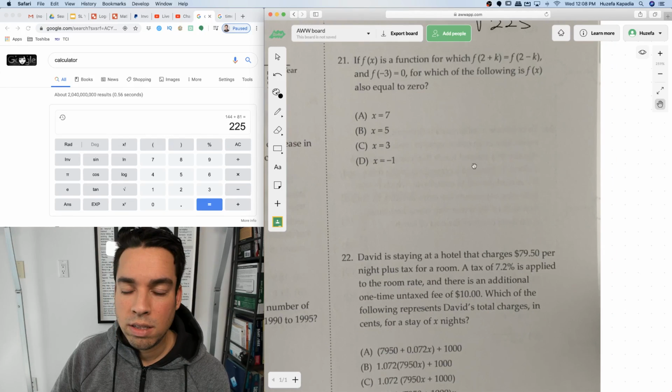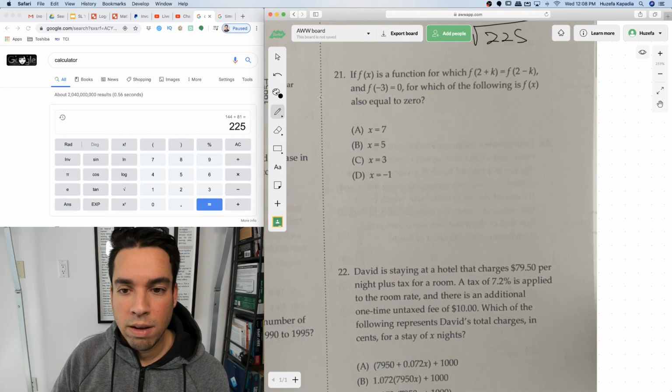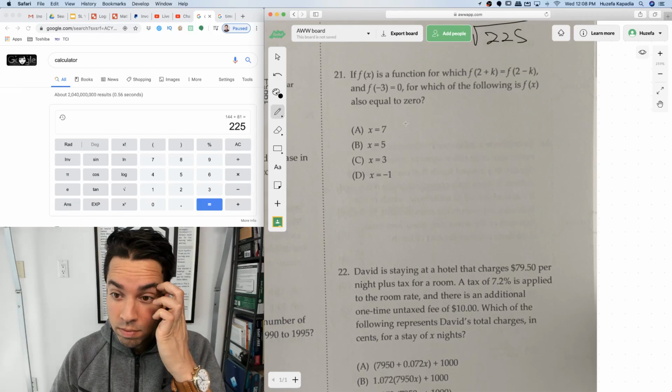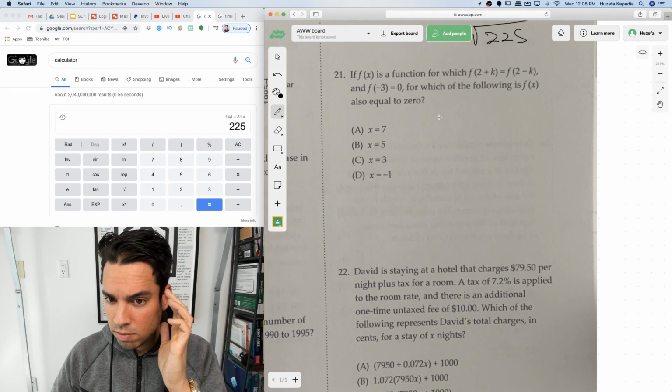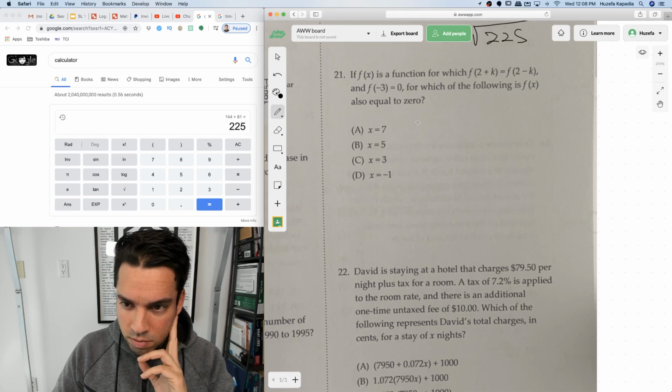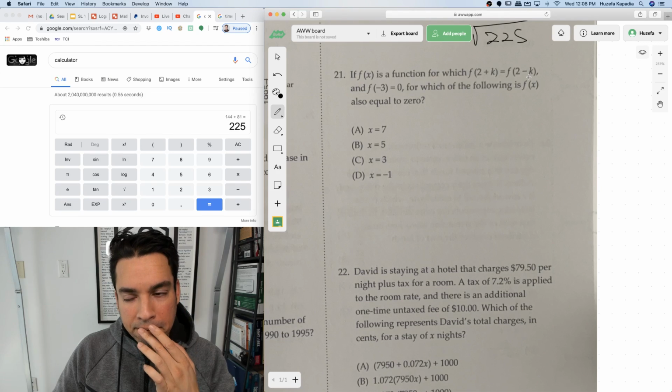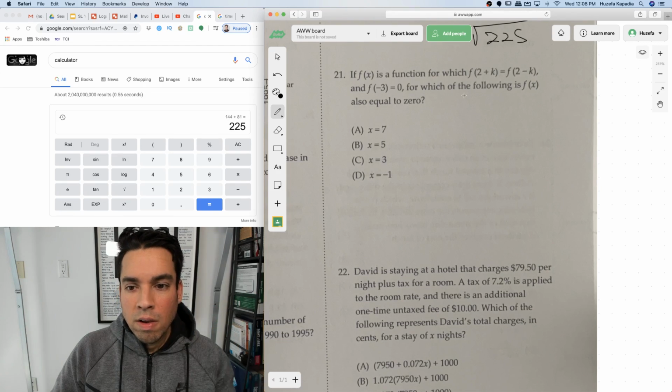All right, 21. If f of x is a function for which blank equals blank, f of negative 3 equals 0, for which function is also equal to 0? So check it out.